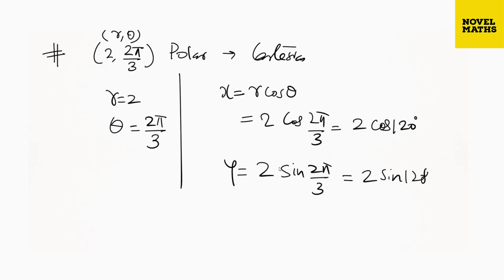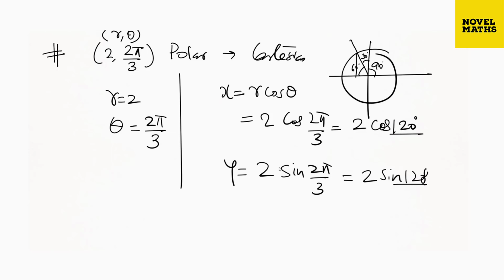How to get this value? You can use simple trigonometry calculation to get this value, but if you don't want to remember, you can do it like this. If this is your unit circle, 120 is 90 plus 30, right? This is 90 degrees, this is 30 degrees, and this is 60.